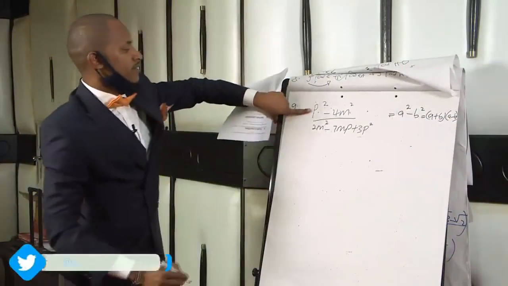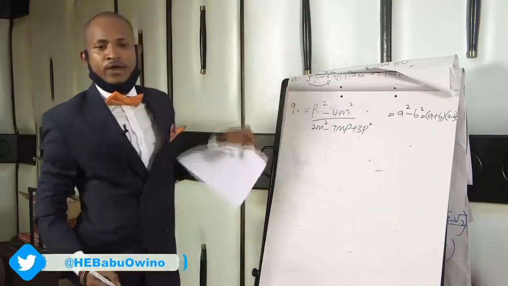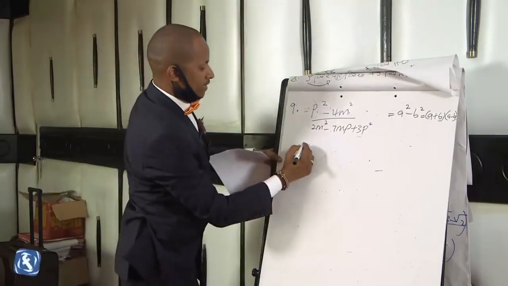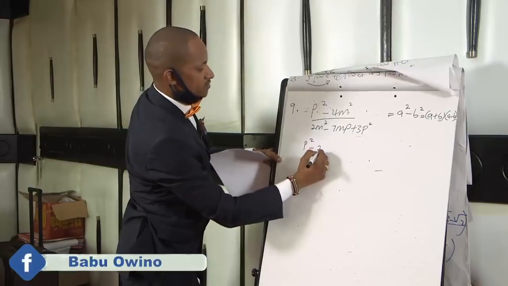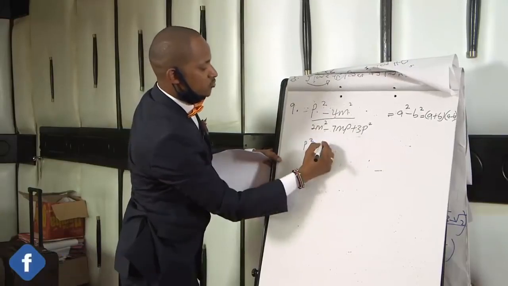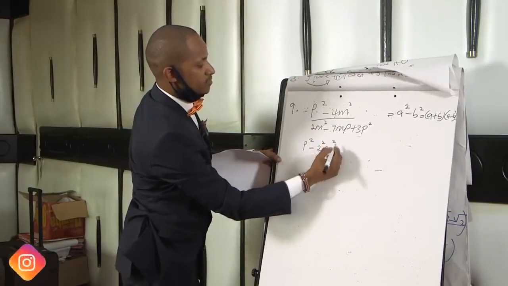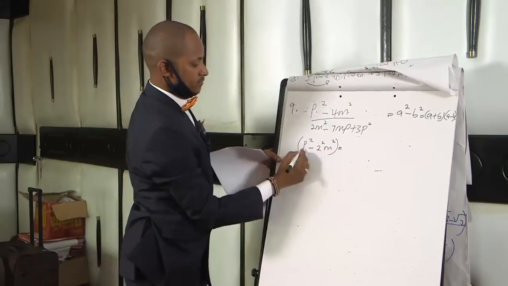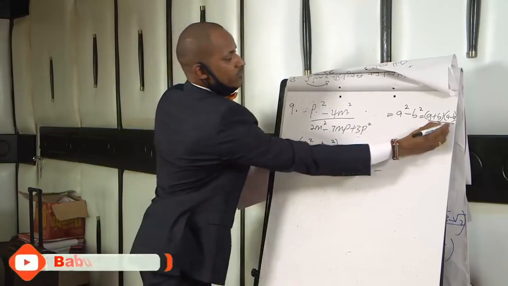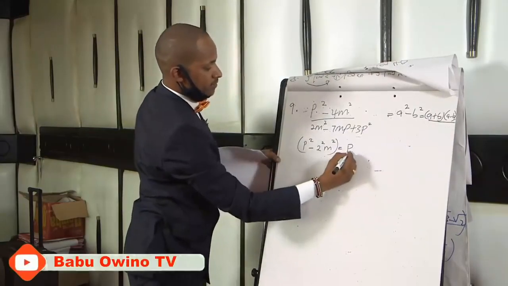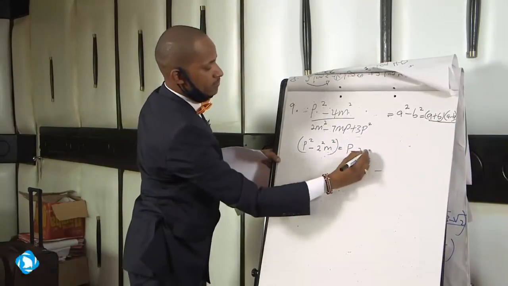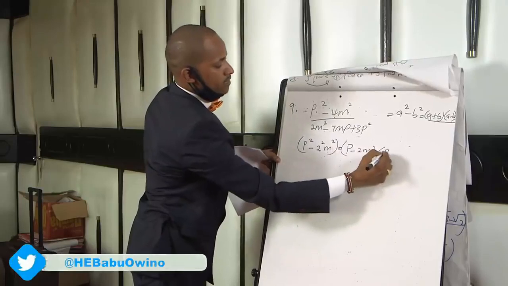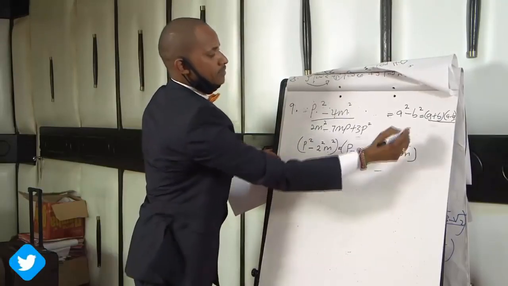Therefore, p squared minus 4m squared, you can see 4 can be written as 2 raised to power 2, m raised to power 2. So when you simplify this with the difference of two squares, you just write p minus 2m into p plus 2m.